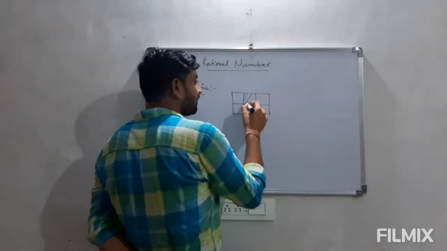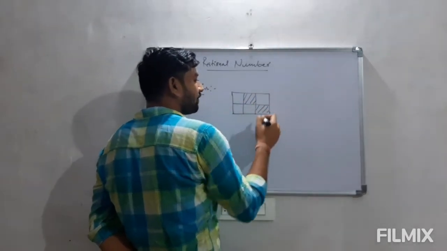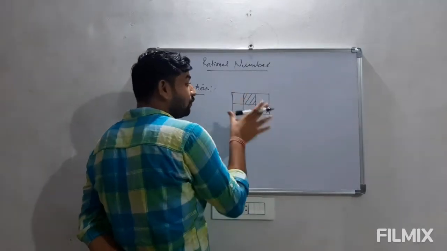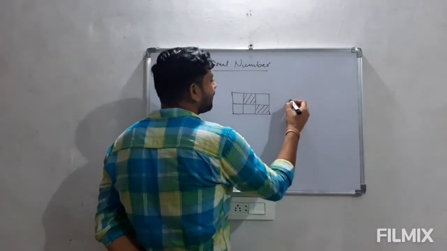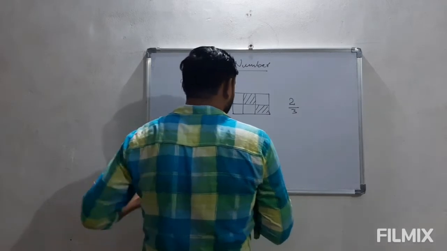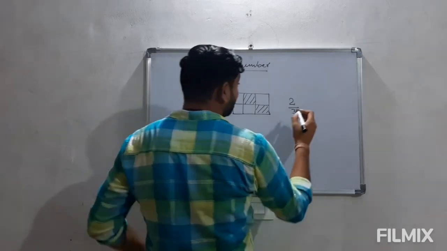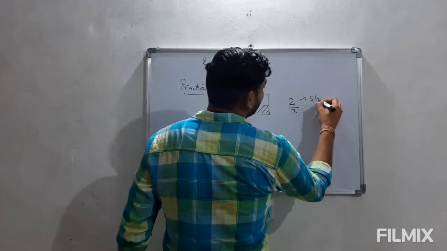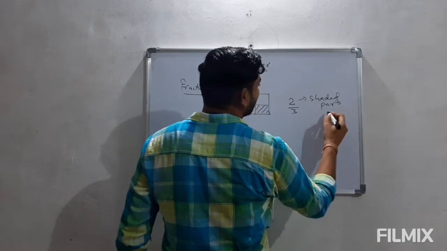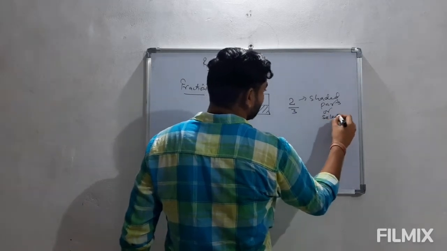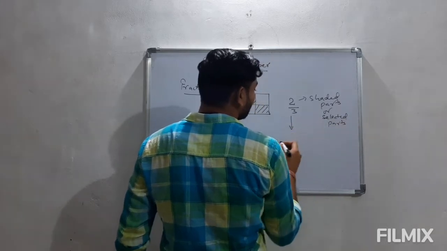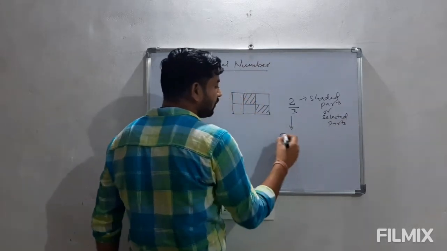If we shade any two parts of this, then in a fraction we say the numerical value of this shaded portion will be written as 2 upon 3, where these two represent the shaded parts, or we can say selected parts, and here these three represent the total number of parts.